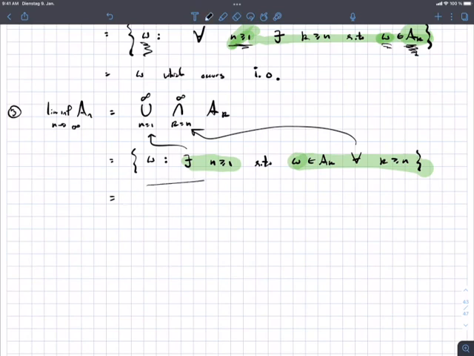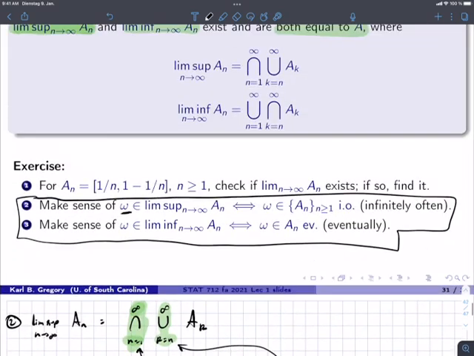It means if I go far enough in the sequence, I'm going to find an A_k where omega is in there, and then omega is in all the ones after that. That's what this lim inf set is. And so we say this is the set of omega which occurs eventually. EV is eventually. Okay.